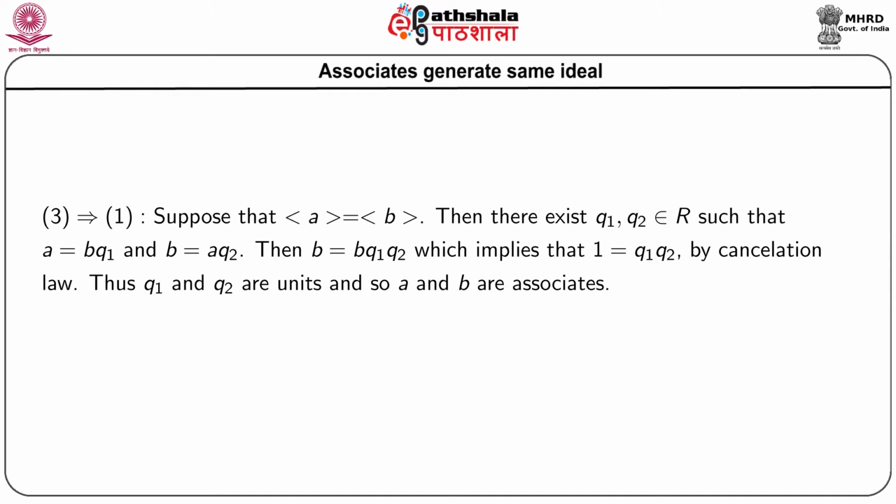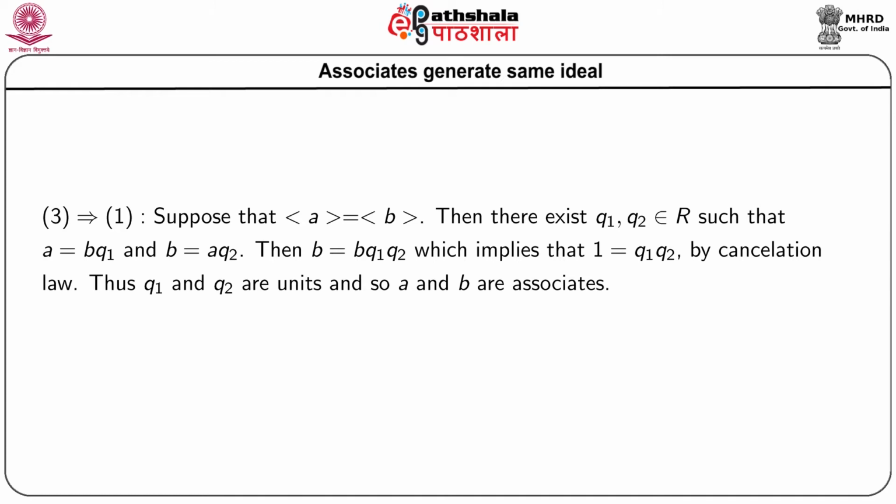Assume that a equals bq1, and similarly we have some q2 in R such that b equals aq2. These two together imply that b equals bq1q2, which again implies that 1 equals q1 q2.